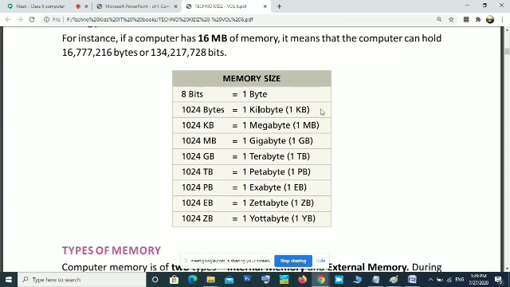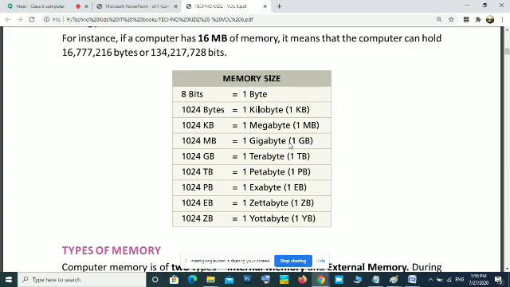Then the next unit is kilobyte, or KB for short, that is 1024 bytes. 1 byte into 1024 is known as 1 kilobyte. Then the next is megabyte, or MB. MB is 1024 kilobytes. 1 kilobyte into 1024 is 1 megabyte.